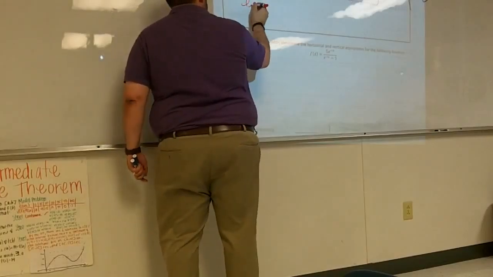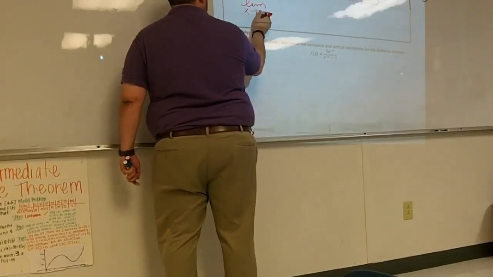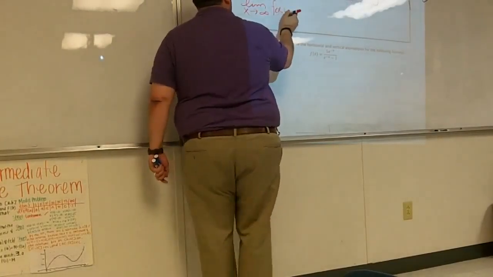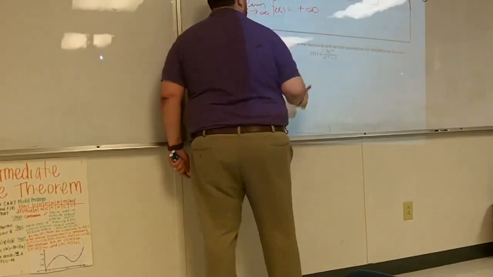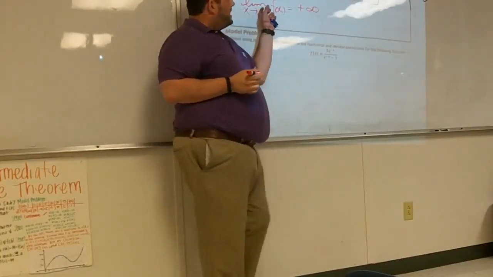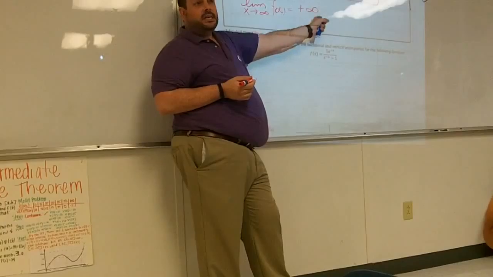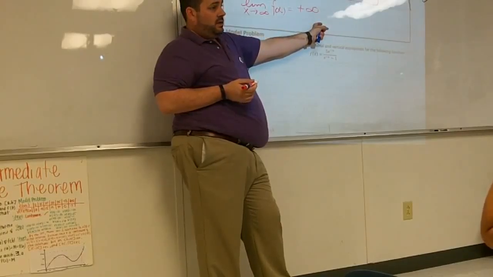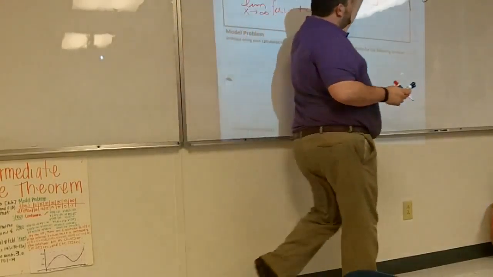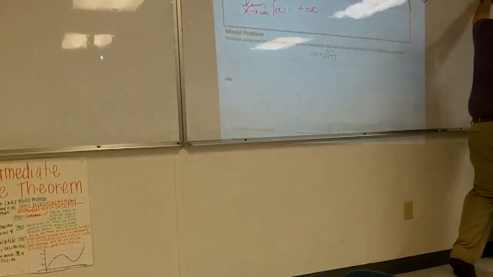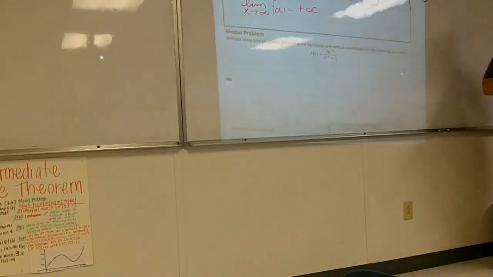But you might also find this is your answer: the limit as x approaches infinity of f of x is equal to positive infinity. So as those x values are heading towards infinity, what happens to the y values? They're heading towards positive infinity. Guess what your conclusion is there?